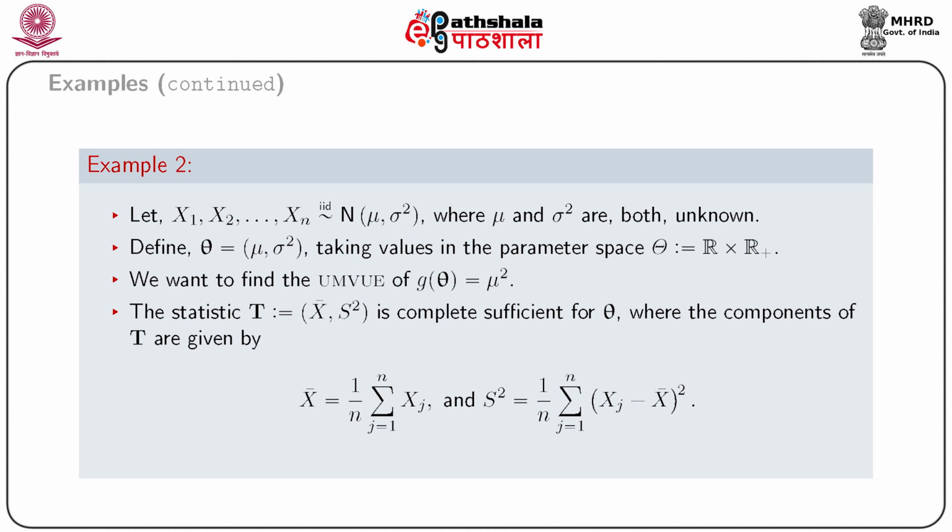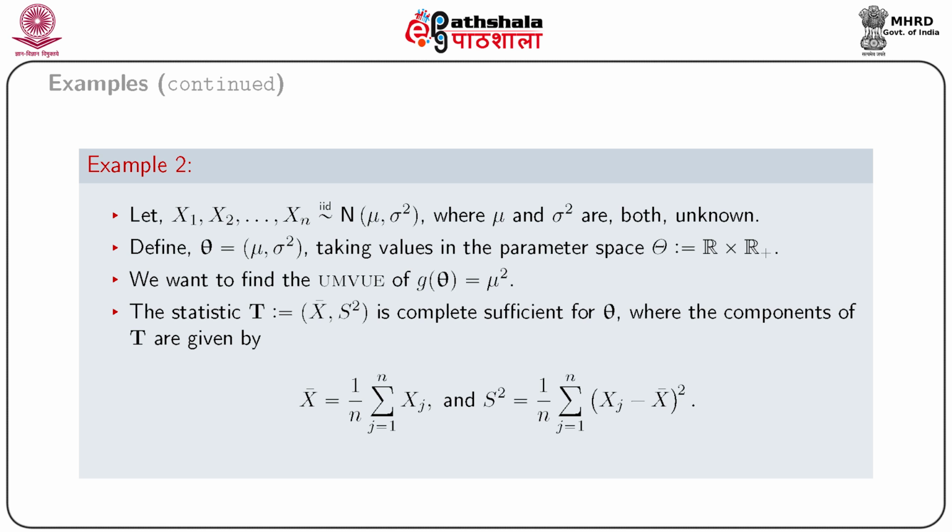Example 2. Suppose X1, X2, up to Xn is a random sample of size n drawn from a normal distribution with mean mu and variance sigma square, where mu and sigma square are both unknown. Mu belongs to the real line and sigma is greater than 0.